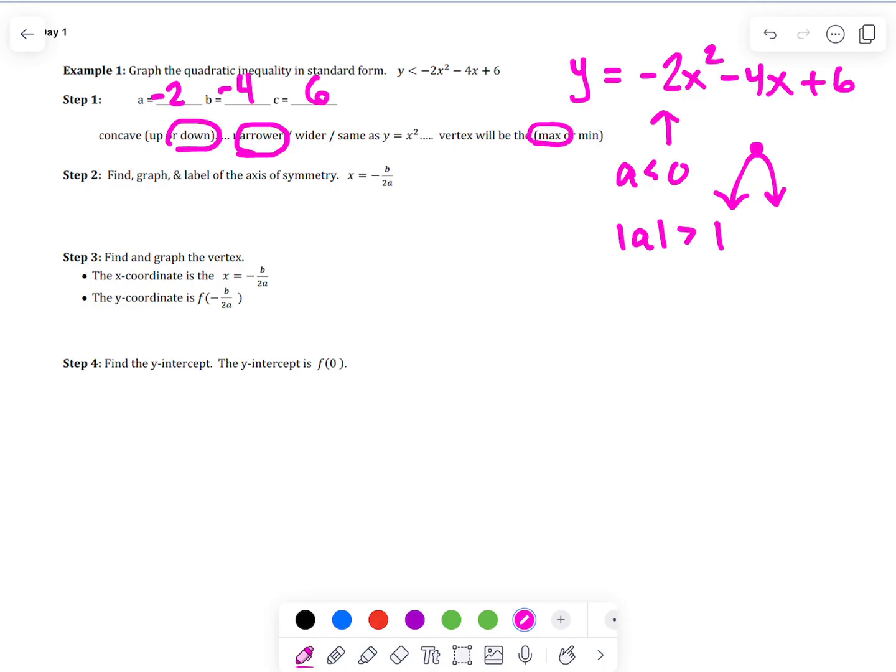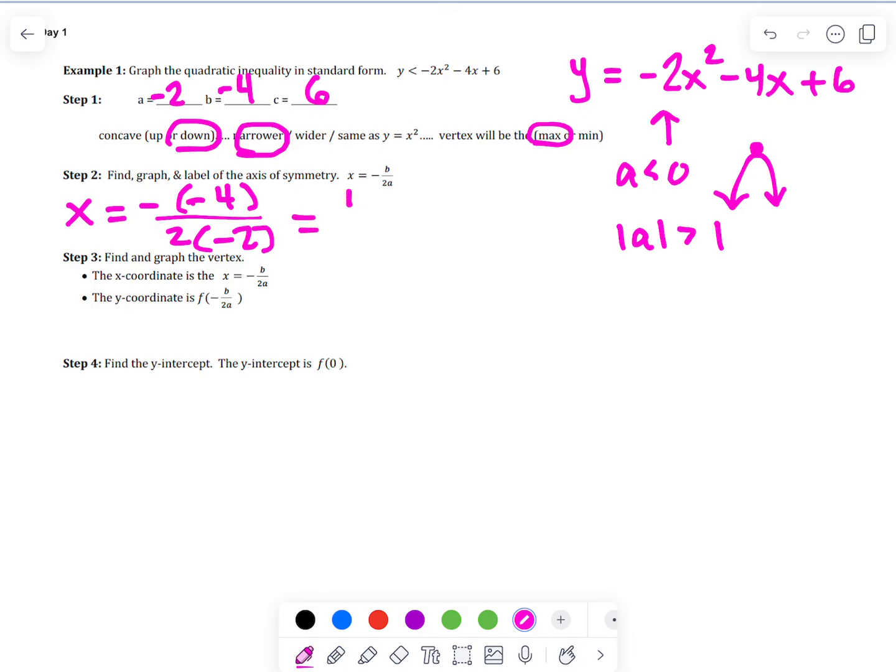Step 2, let's go ahead and find the axis of symmetry. So we're going to use the equation x equals negative b over 2a. So we substitute in the value of b, which is negative 4, the value of a, which is negative 2, and then we simplify that.